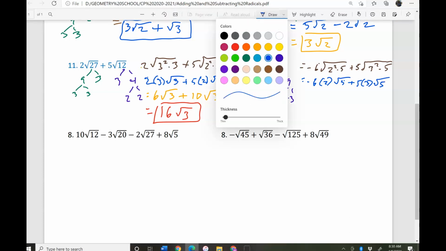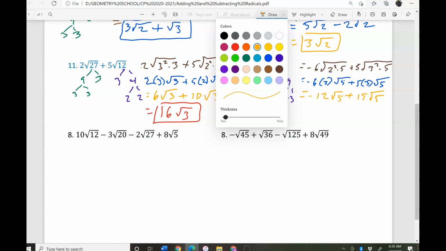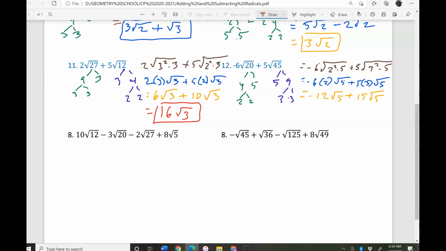Again, I want to simplify outside of the radical. So this gives me a negative 12 square root of 5 plus 15 square root of 5. Now I can combine like terms. So that gives me 3 square root of 5.